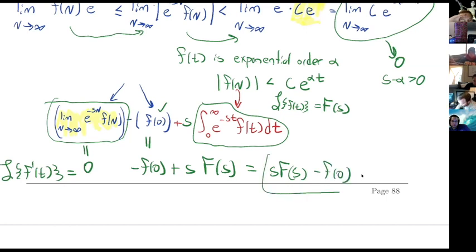And so that gives us our result that we were hoping to get, as long as we have this condition that s is larger than alpha.